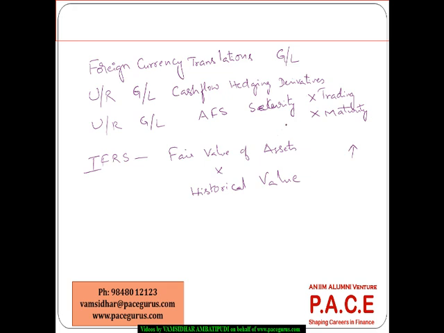Rather, we take it as a gain as a part of the other comprehensive income only. Those kinds of gains, unrealized gains coming up because of the revaluation of the asset as a result of representing it at fair value, would be treated as a part of the other comprehensive income only.